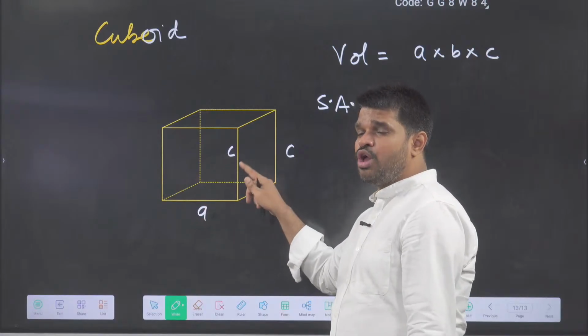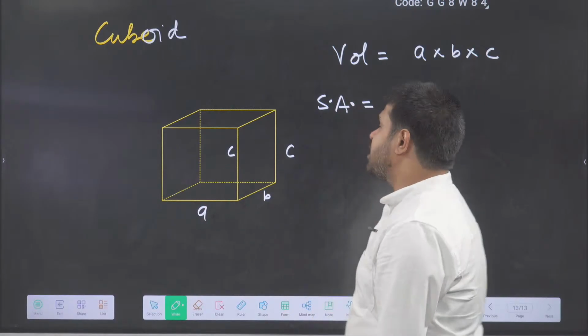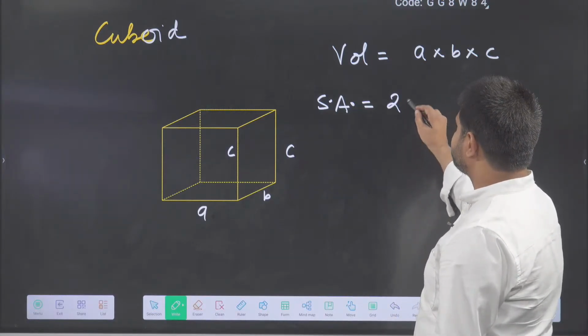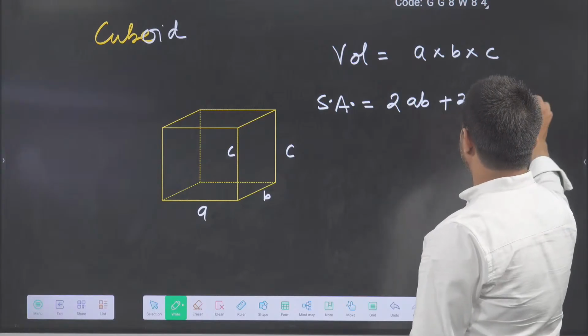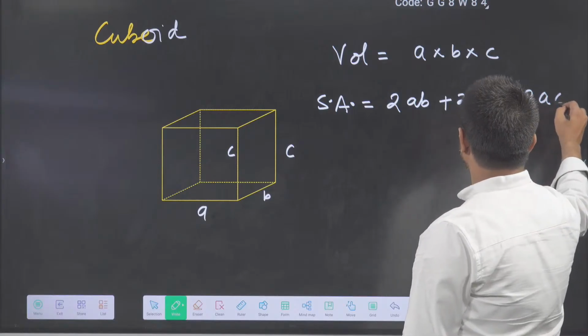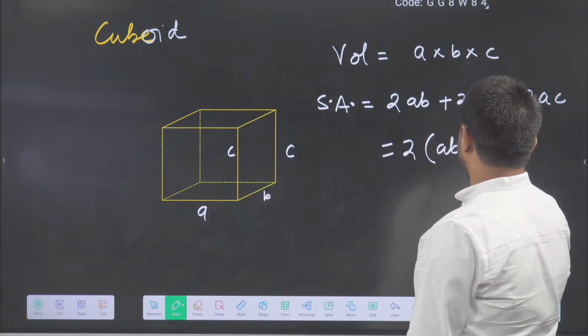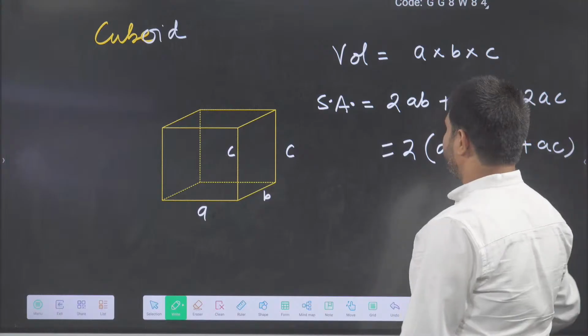A into C. What is area of back rectangle also? A into C. So surface area I am writing 2 times of AB plus 2 times of BC plus 2 times of AC, which is 2 times of (AB plus BC plus AC). Write it.